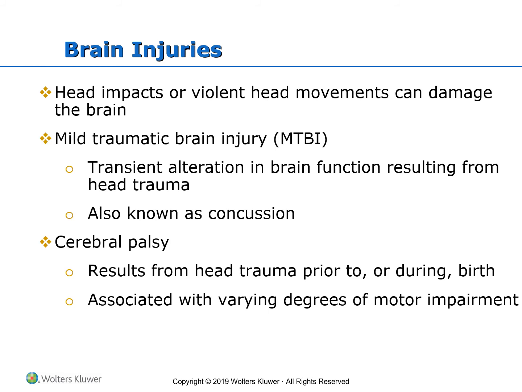It happens as an acceleration-deceleration event, like in a frontal car crash, when the head in motion suddenly comes to a stop. However, inside, because the brain is still in motion, it will hit itself against the inside part of the frontal bones.